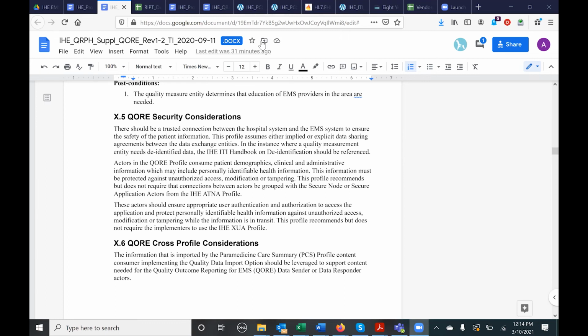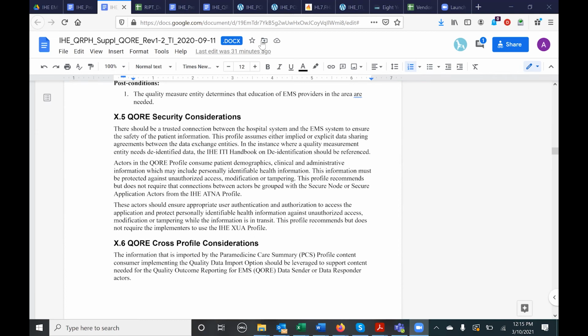Kind of, yes. How the HIE and the hospital, or the hospital and the EMS provider, make that connection is usually more open, however you want to make that connection in development.